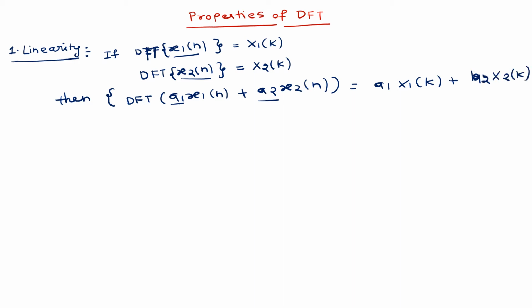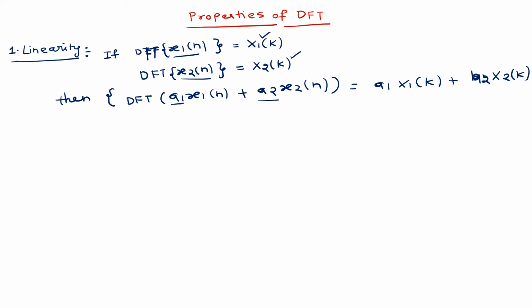Hope you understood now. x1 of n is one signal, x2 of n is another signal, and these two are their respective DFTs. So if you multiply the signals with particular factors a1 and a2 and add them, we should get the output as the same summation of those discrete Fourier transforms multiplied by the same factors a1 and a2.